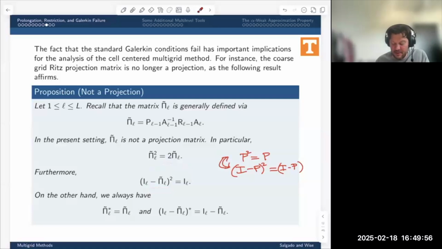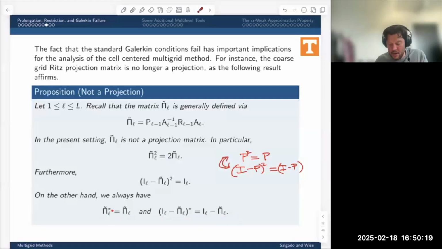But it's interesting to note what is the square of this matrix. IL minus pi L tilde squared is just equal to IL. All right, now on the other hand, based on our definitions so far and in the present setting, these matrices are still going to be self-adjoint.